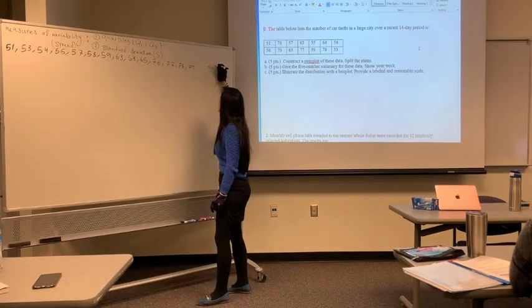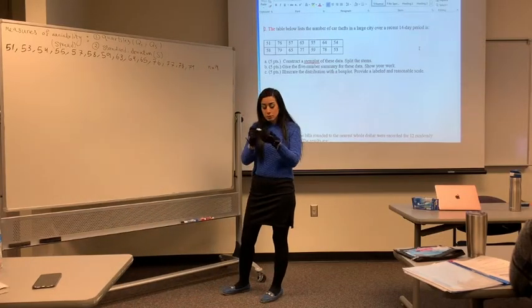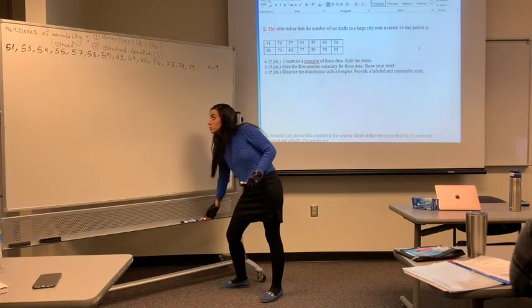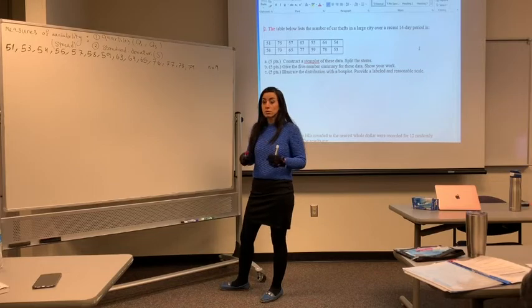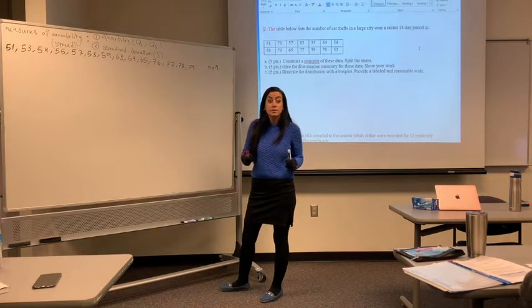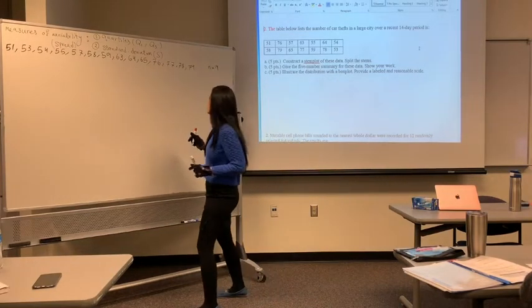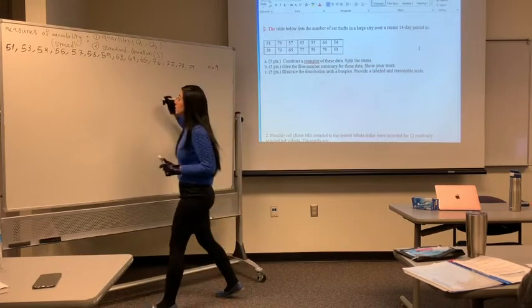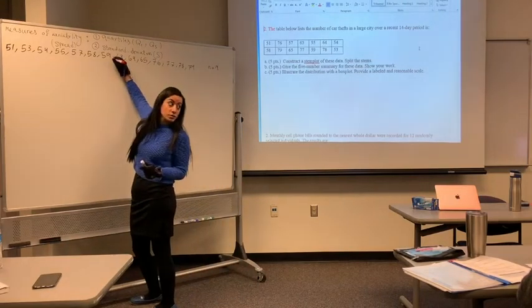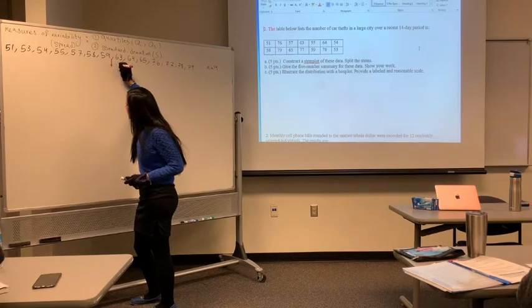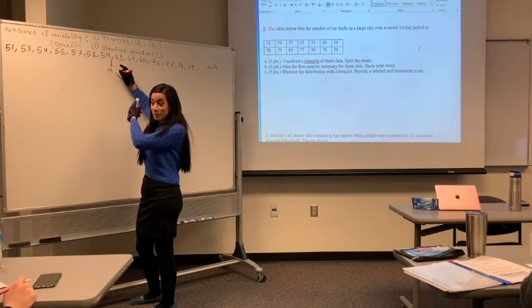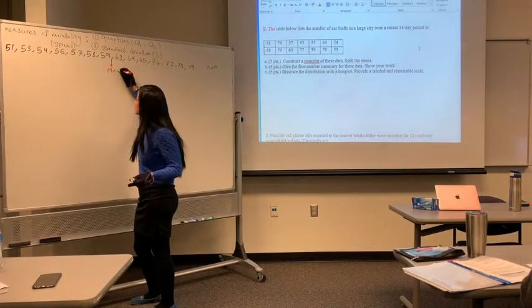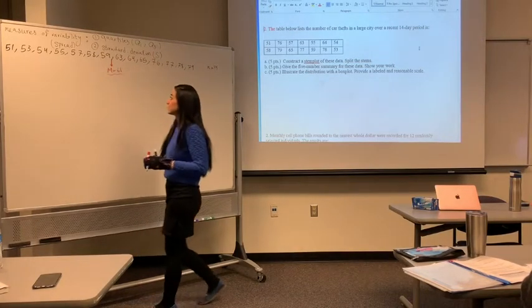Okay, thank you. So what was the midpoint? 61. It was between two numbers, correct? 59 and 63. So I will write down median here, because median was between these two, 61, you said.